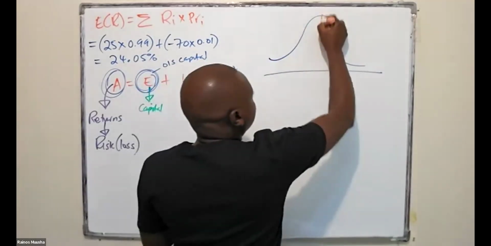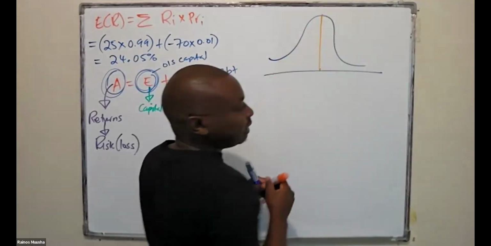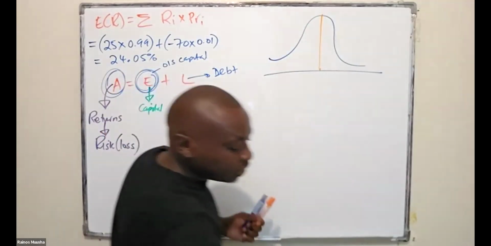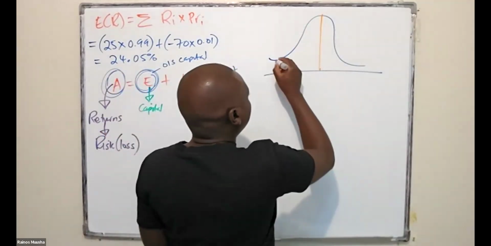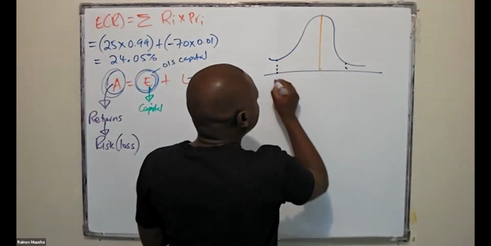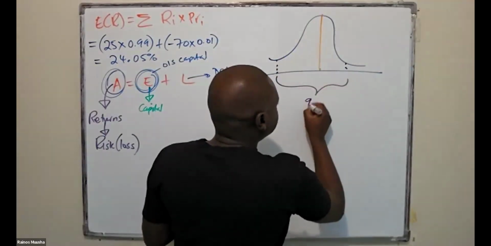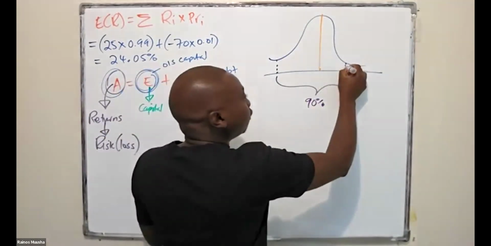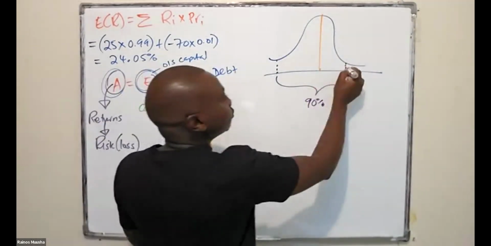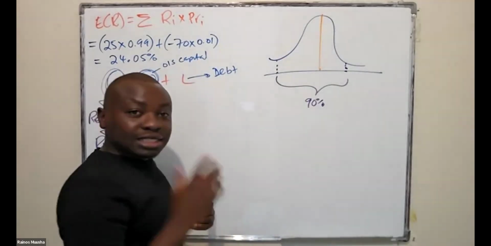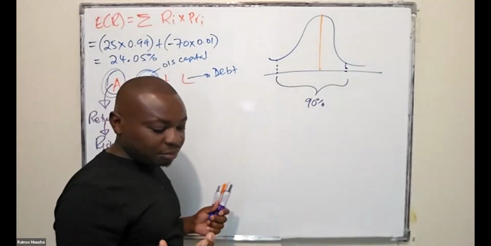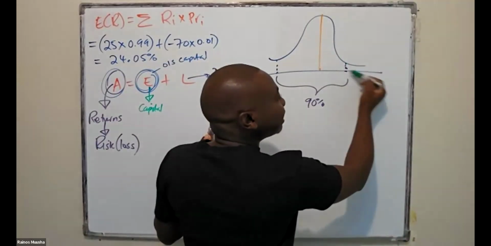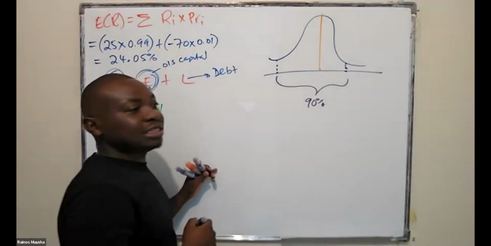Let's say it's a 90% confidence level, right? Within a 90% confidence level, we're looking at the distribution of the losses when we look at 90% of the values. But what it doesn't tell us is the distribution of those losses when they exceed the 90% level.